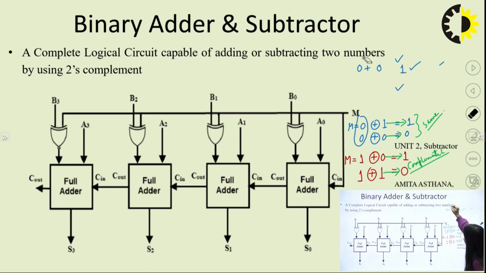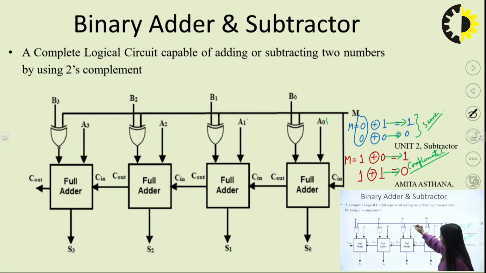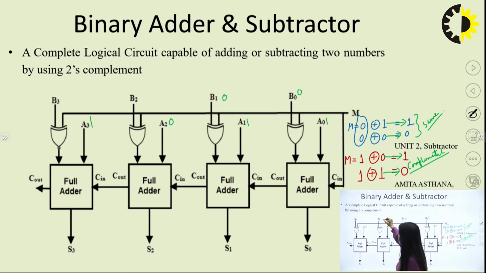I have two numbers. First is 1, 1, 0, 1. Another one is 0, 0, 0, 1. Okay. I am making this m to be 0.